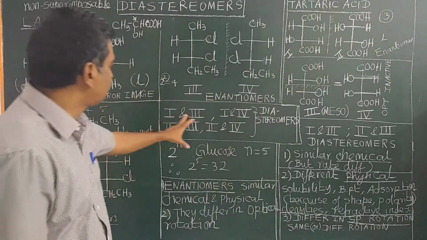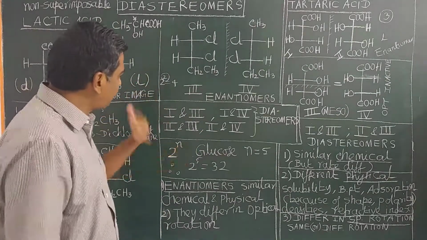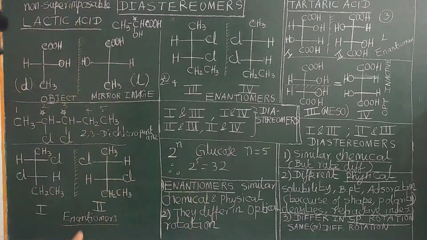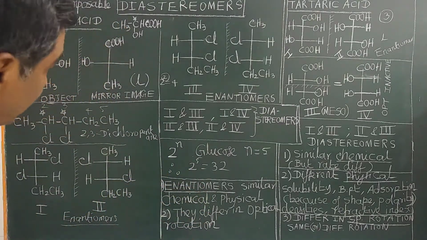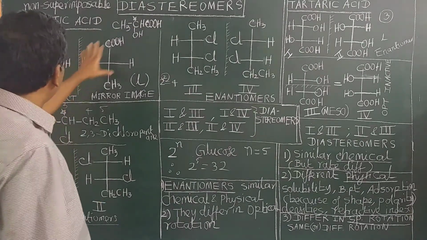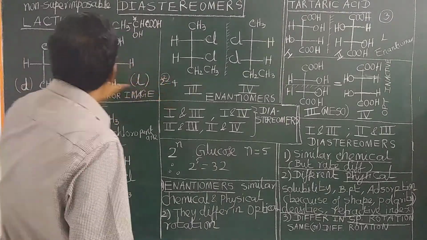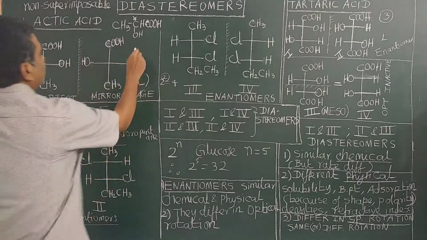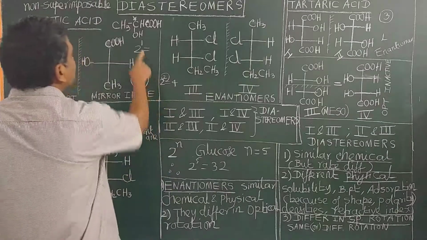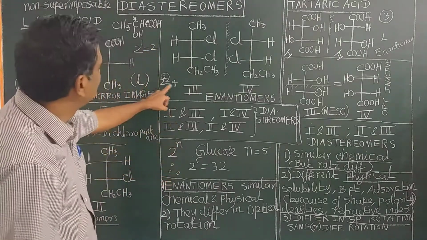So there are diastereomers here, and by applying the formula 2 power n, we can calculate how many stereoisomers, not diastereomers, are possible. If you have only one asymmetric carbon atom, where n is the number of asymmetric carbon atoms, you have 2 power 1, which is 2. Suppose you have 2 asymmetric carbon atoms, then you will have 4.